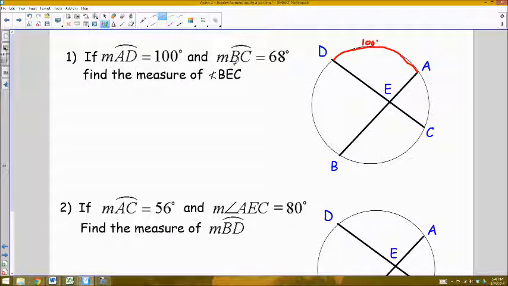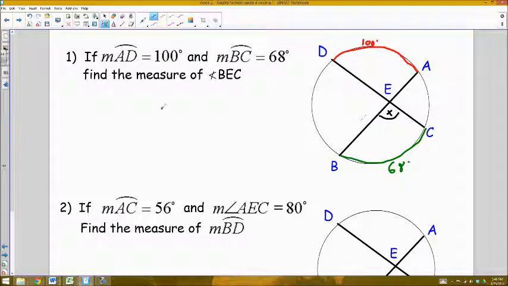I also know that BC is 68 degrees. And I ask for the measure of angle BEC. So BEC would be this angle, and I'll label that X.